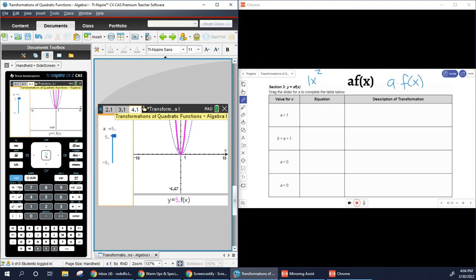So let's just say we have 5 times f of x. And it could be anything bigger than 1. It could be 2, 3, 4, 5. All right. We start at 1. Anything bigger than 1, whatever you choose to multiply by, it's going to vertically stretch by a factor of 5.